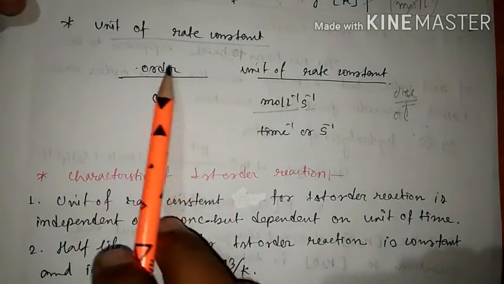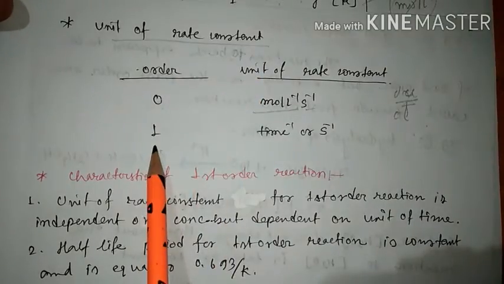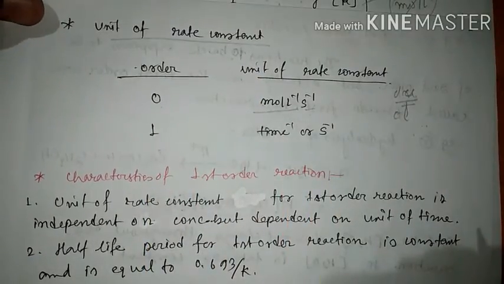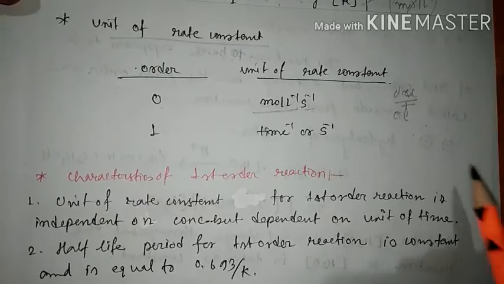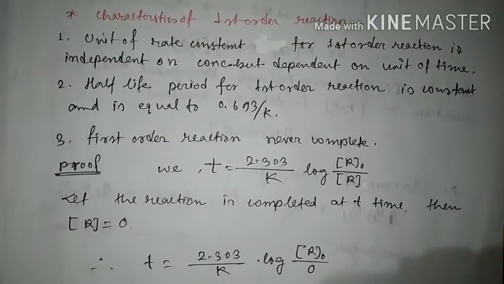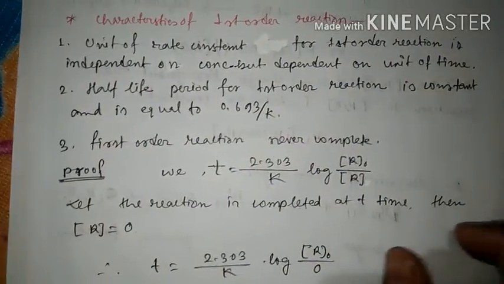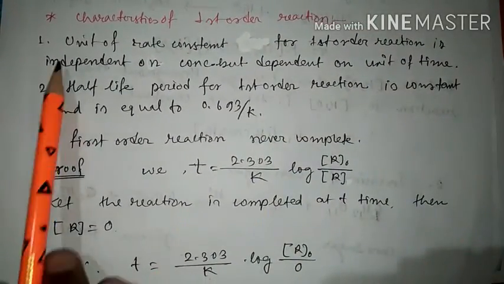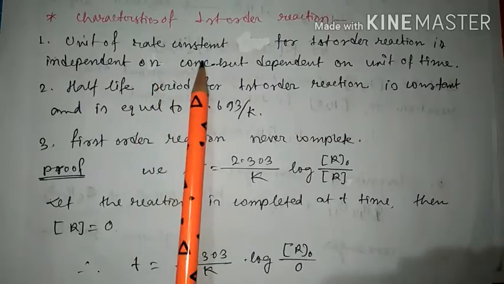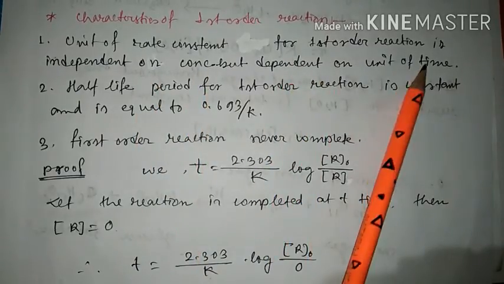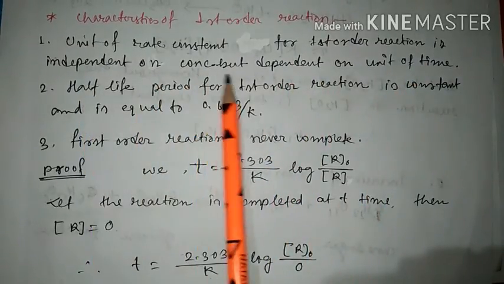The unit of rate constant for first order reaction is time inverse, or second inverse. Now some of the important characteristics of first order reactions. This is very important. The first characteristic is that the unit of rate constant for a first order reaction is independent of the concentrations.